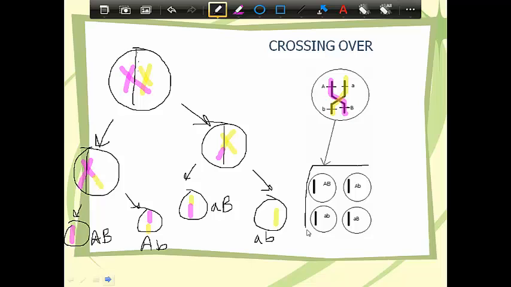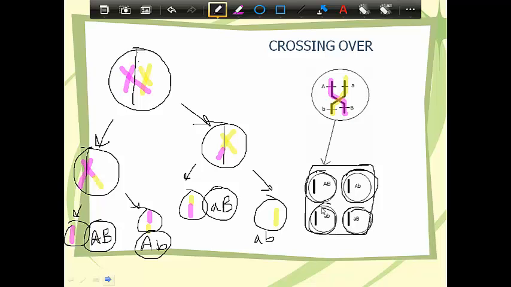So now we've got 4 different possible gametes, right? We've got the big A, big B, which I'm showing here, big A, little b, which I'm showing here, little a, big B, which I'm showing here, and little a, little b, which I'm showing here.